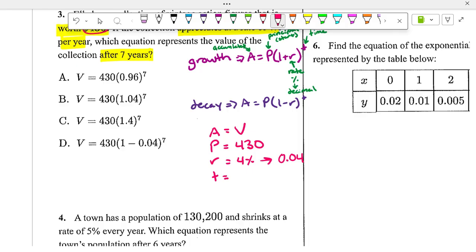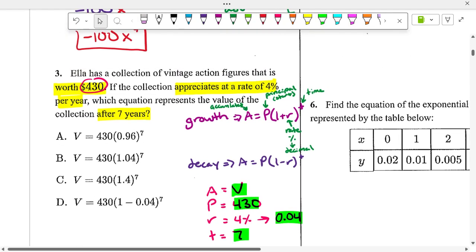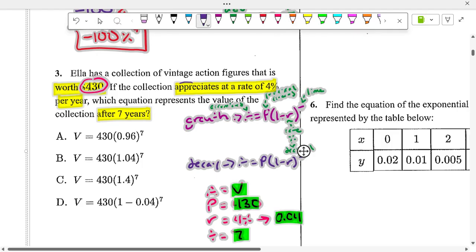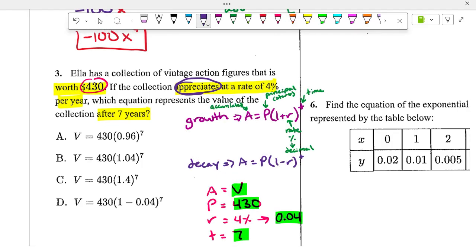Finally, how much time do they want to pass? 7 years. So all we got to do is just use these, plug it into the proper formula. And which formula am I plugging in, growth or decay? Growth. It's definitely growth. What word clues me into growth? Appreciates. That clues us into this being a growth problem.